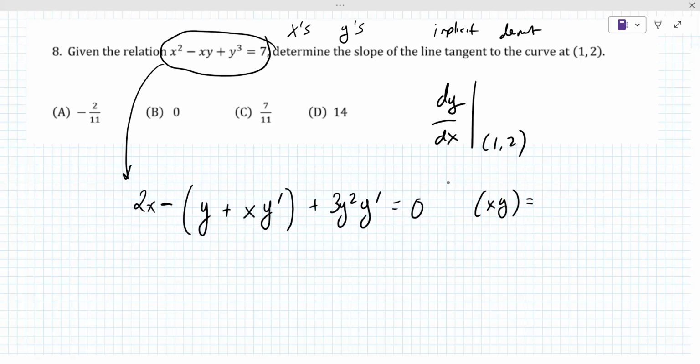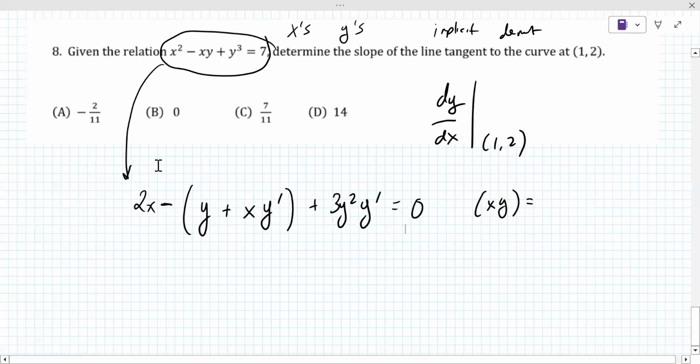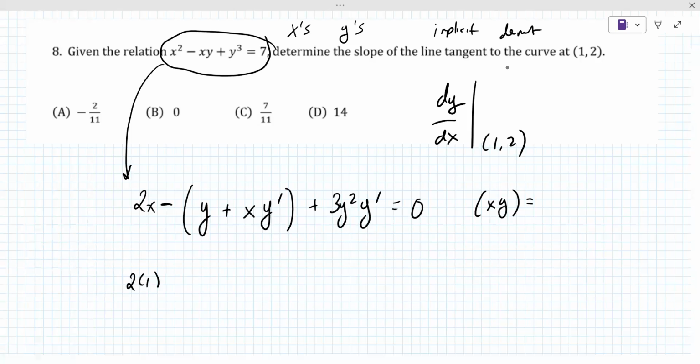Now, typically they want you to solve for y prime because it's multiple choice, because they're not grading your work. I would put the numbers in at this point. So I'd put 1 in for x, so 2 times 1 minus 2 plus 1 y prime plus 3 times 2 squared y prime. It's kind of your choice if you want to solve for y prime.